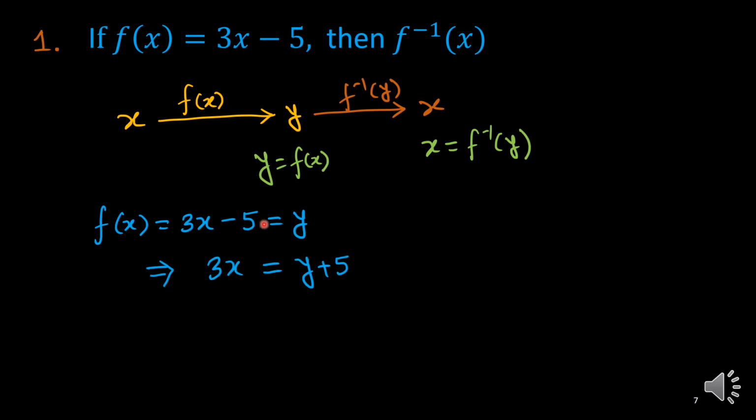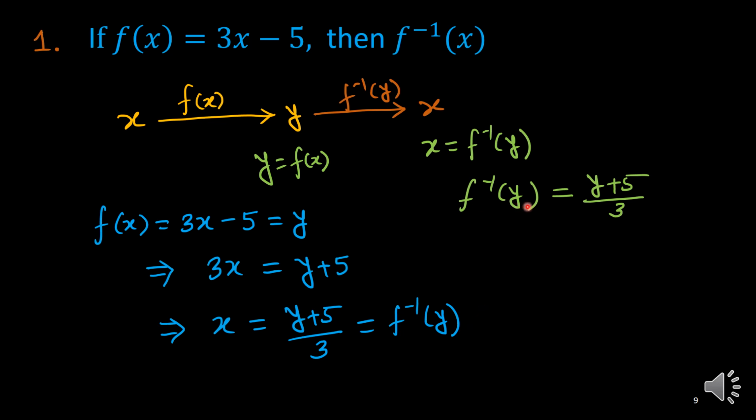So here this 5 will go on the right side, so 3x will be y plus 5. Then x we can write as y plus 5 upon 3, and that is nothing but f inverse y. So we have got f inverse y equals y plus 5 upon 3.